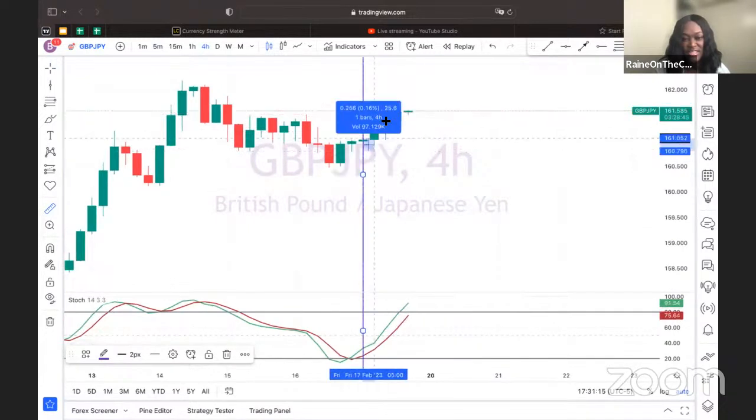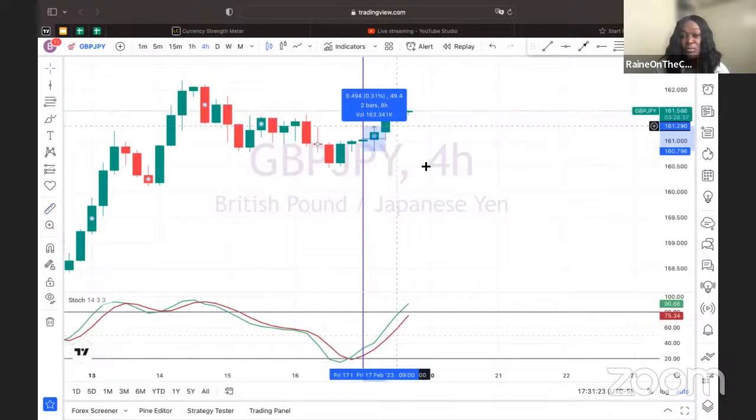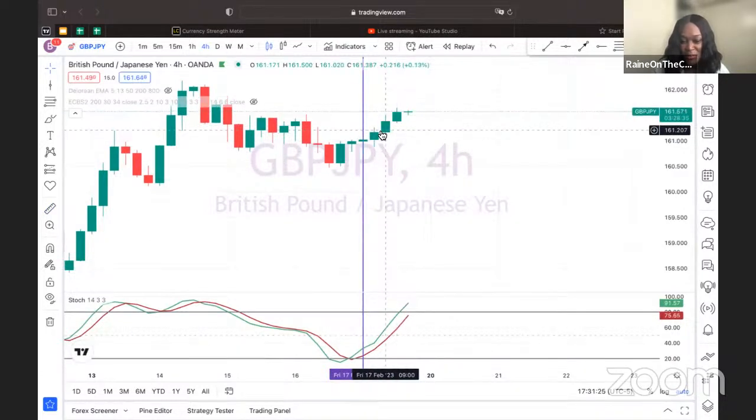I can't really see. All right, so 50 pips is here. It moved more than the 50 pips. It went up higher than the 50 pips. But yeah, I can at least get 50 pips.